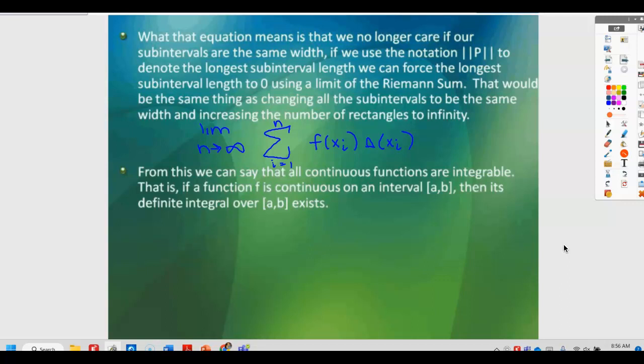Continuity did not imply differentiability. Differentiability implied continuity, but here continuity implies integrability. So if a function is continuous on a closed interval, then a definite integral exists.